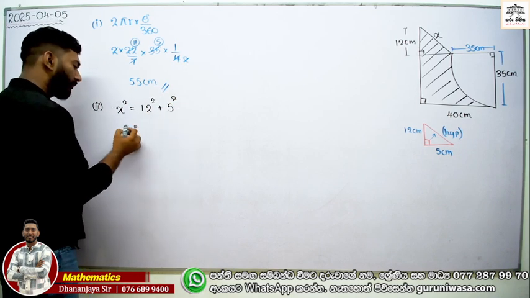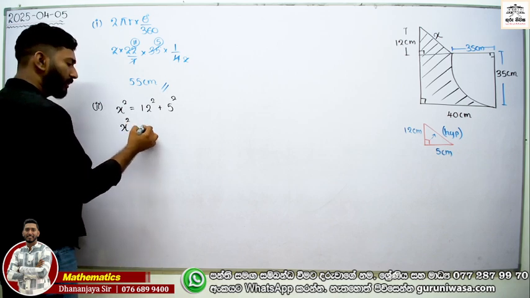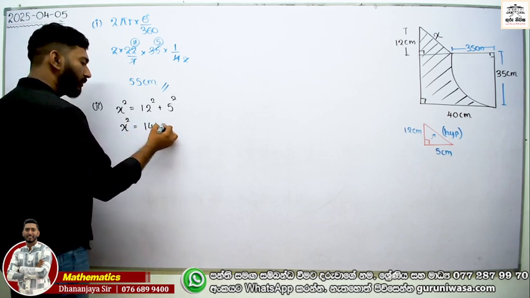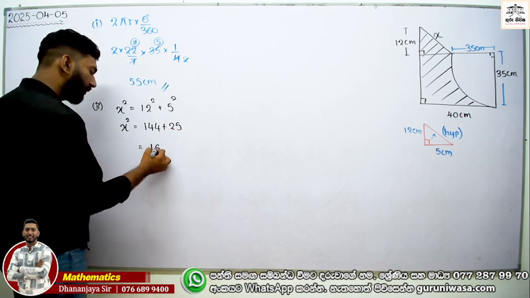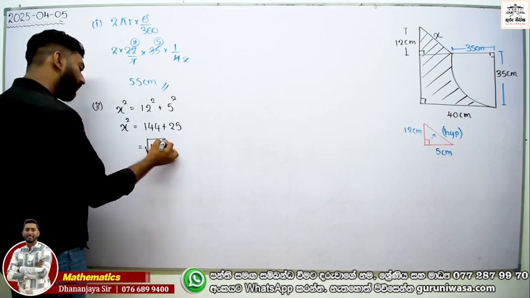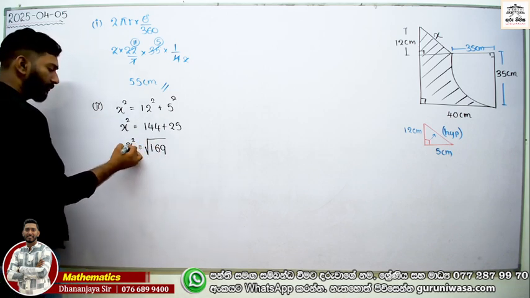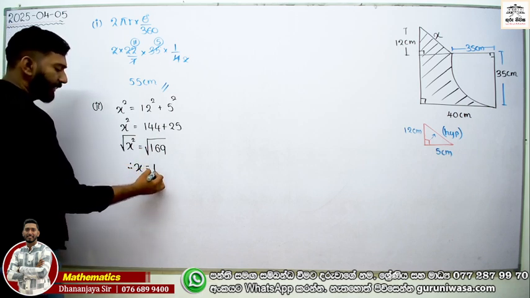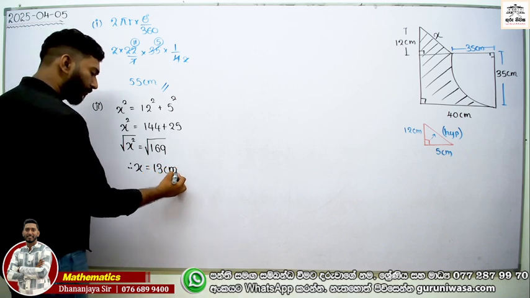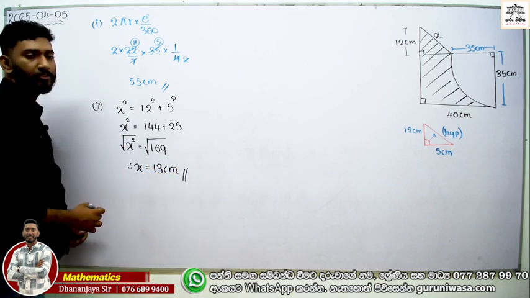Then x squared becomes 144 plus 25, that is 169, and apply the square root to both sides. Finally, x becomes 13 cm.